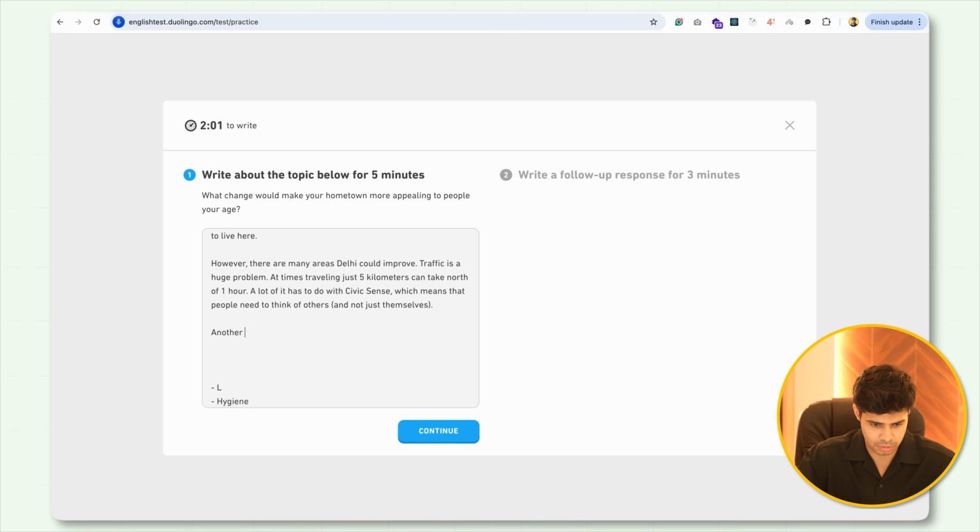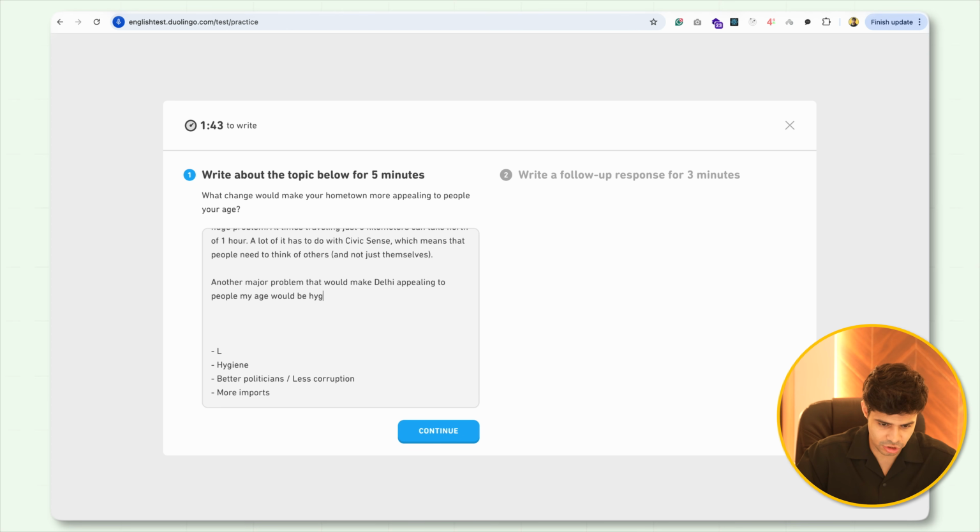Another big issue, or we can say another major problem that would make Delhi appealing to people my age, would be hygiene. Hygiene standards. So what we want is better food. Let's see.